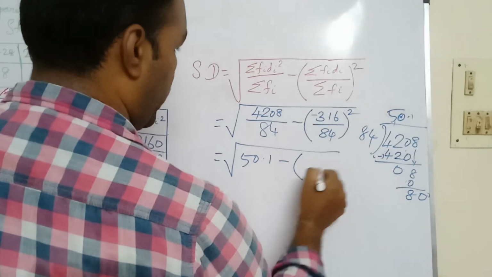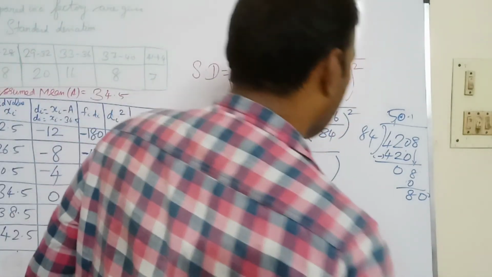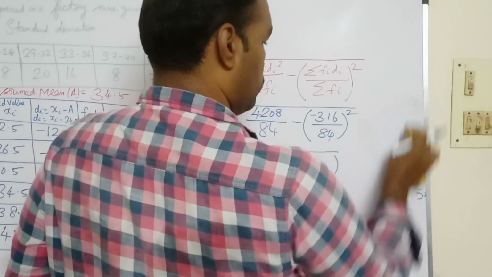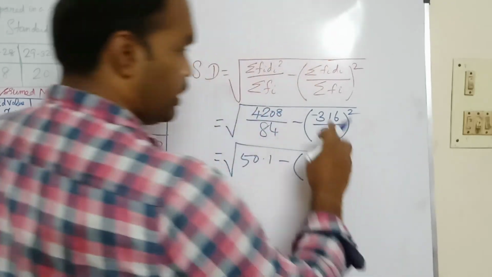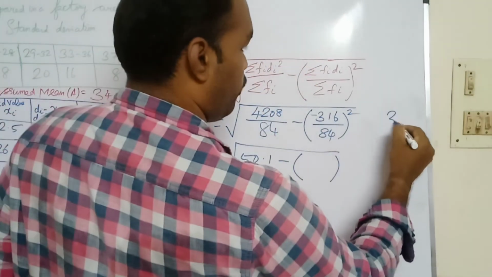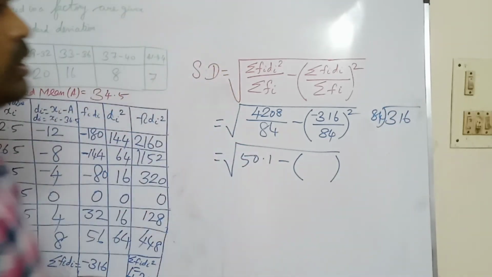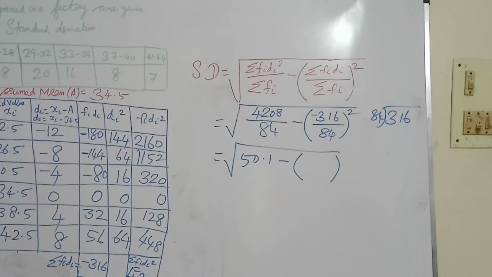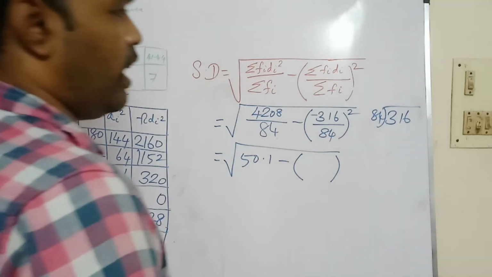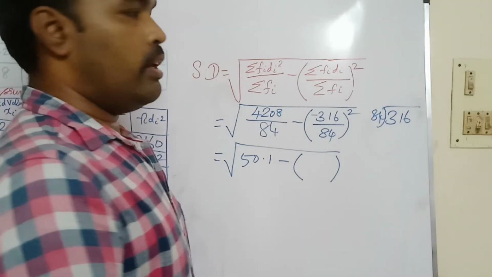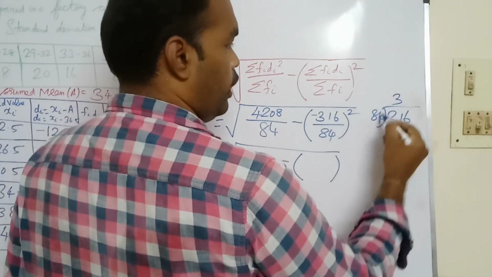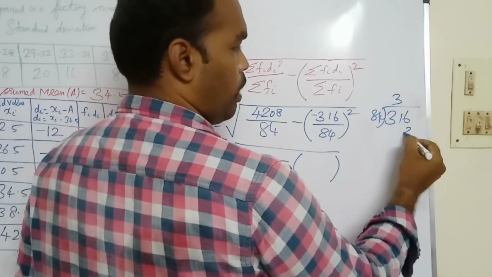50.1 minus 316 divided by 84. 316 divided by 84 is how much? 5 won't come. 4, 3. We can try with 3. 3 into 84. 3 4s are 12.